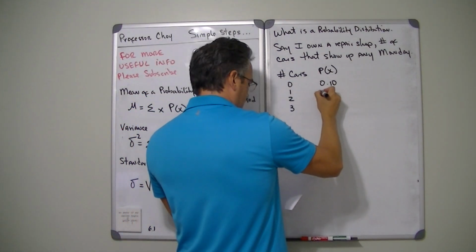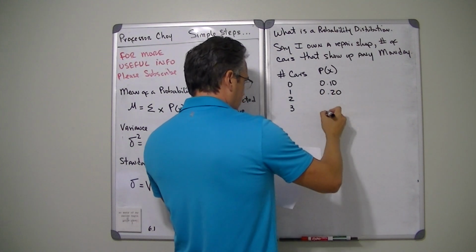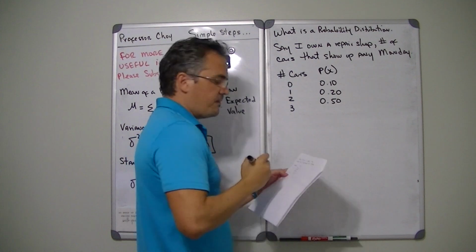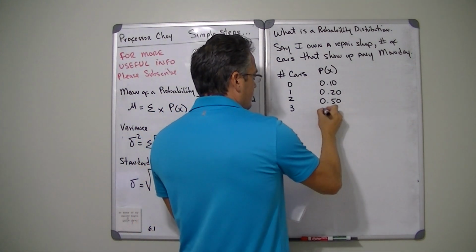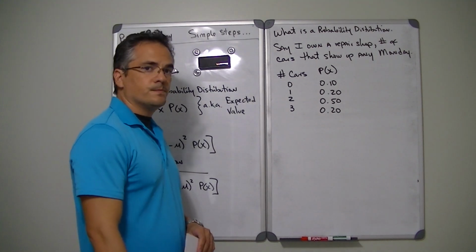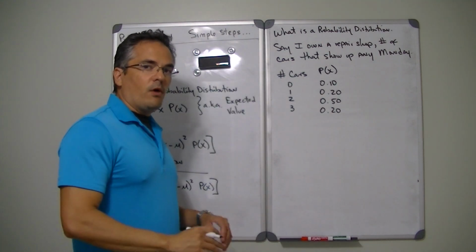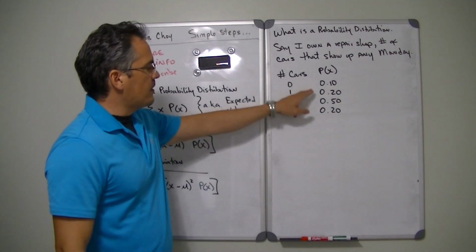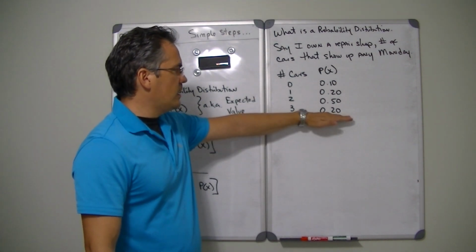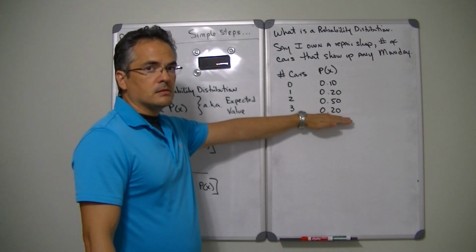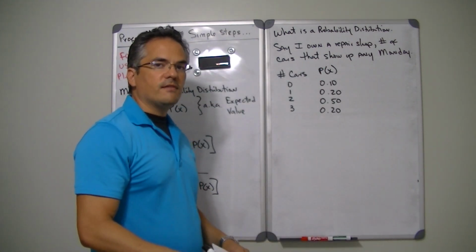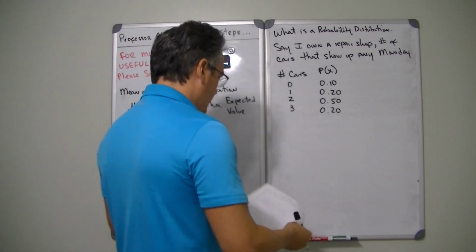Then 1 car shows up 0.2, 2 cars show up half the time, or 0.5, and 3 cars show up 20% of the time, or 0.2. Okay? By the way, notice that when you're assigning probabilities, you add up the probability of every event and it has to add up to 1. So all the events have to be inclusive, have all the events attached on that probability. Alright?